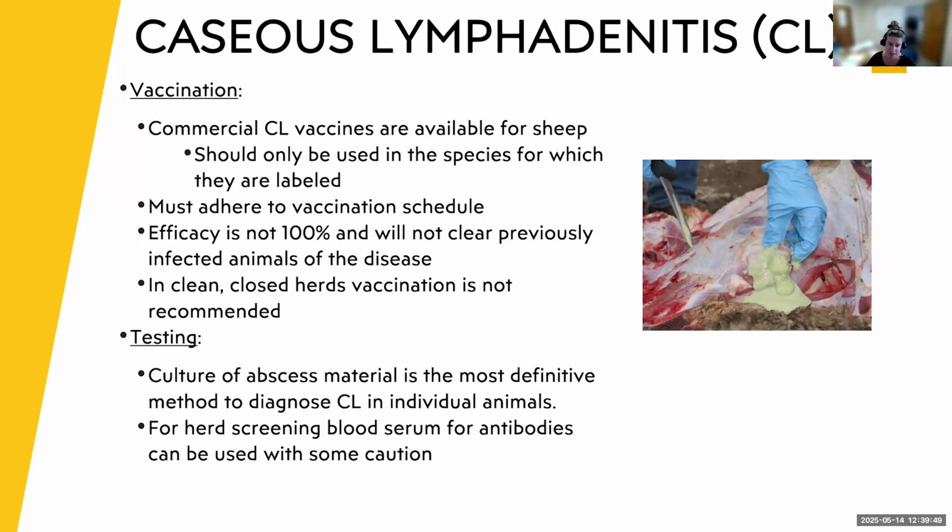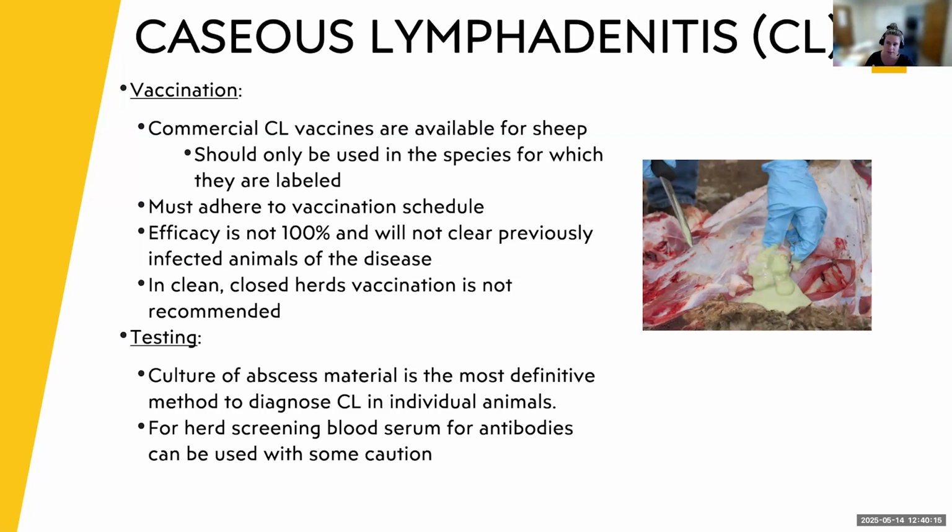Efficacy is not 100%, and it will not clear previously infected animals of the disease. So what that means is if you have a herd or a flock that has CL and you give them the vaccine, but something already had CL manifesting in its system, it's not gonna get the CL out of that animal, right? It can only protect those that have yet to come in contact with it.